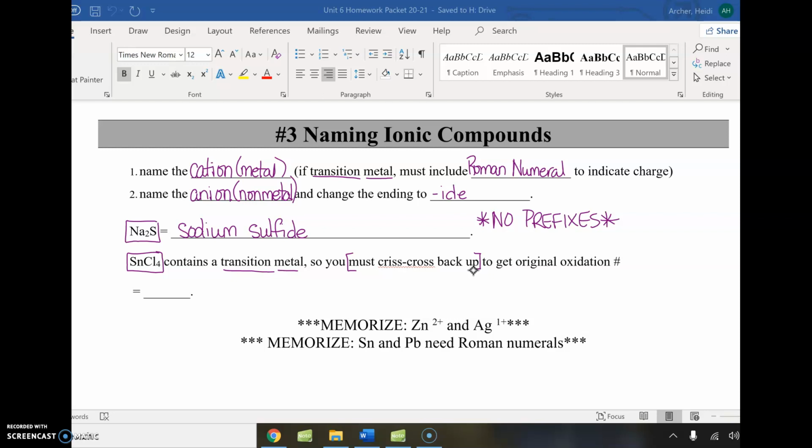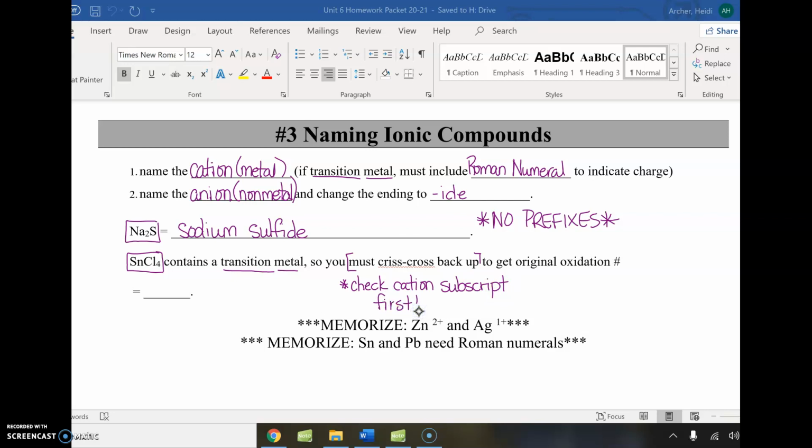To do this, we are always going to start with the subscript of the cation. So you always want to check the cation charge, or excuse me, subscript, first.